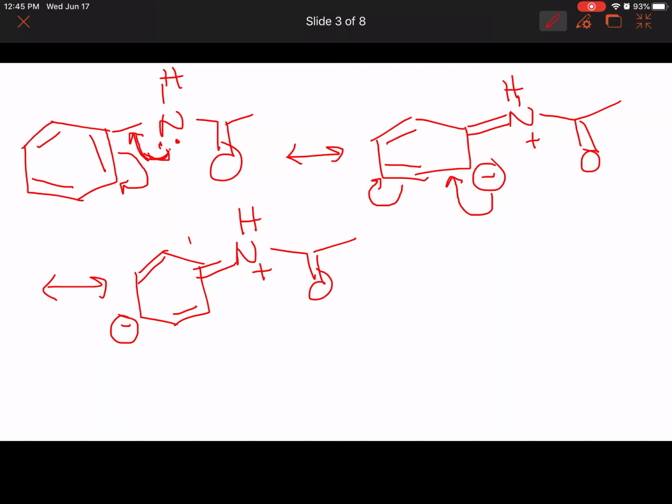And then we can draw another one. These 2 electrons go to form a bond right there, a pi bond. And this pi bond opens up, gives its electrons to this carbon. So now it gives you this structure. Pi bond there, another pi bond here, negative charge right there. Now you know what's going to happen next, right?